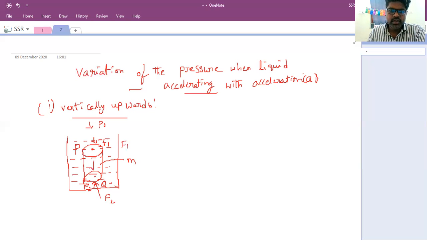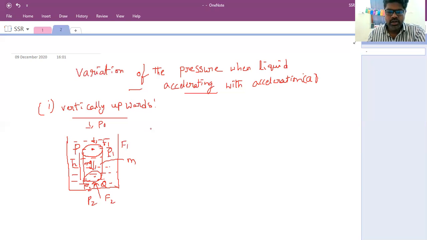Then mg is acting vertically downward. Let us say P1 is the pressure at point P and P2 is the pressure at point Q. And let us say the height of this liquid column is h.